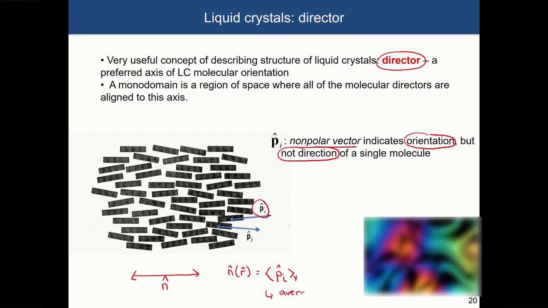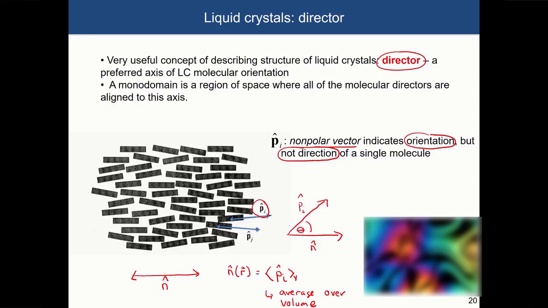So if I, for example, have a certain non-polar vector p_i, and if this is my director n, this p_i will be defined by an angle theta_i. So again, the average theta for this particular crystal will be 0, because on average the orientation of the molecules is along the director line, but each molecule will have a small deviation from that angle.